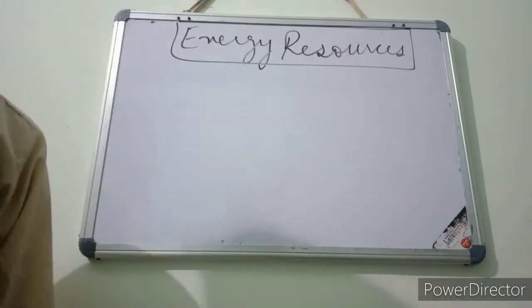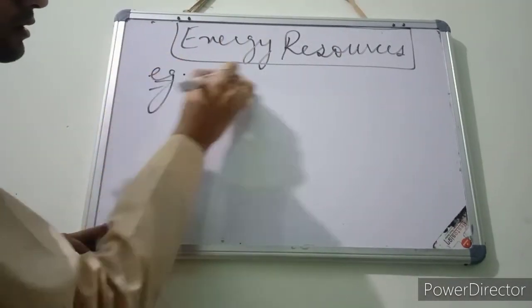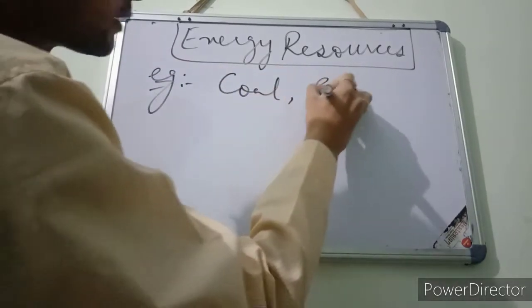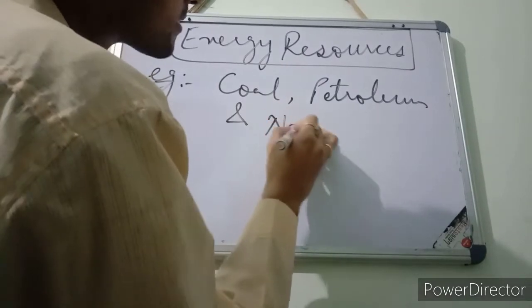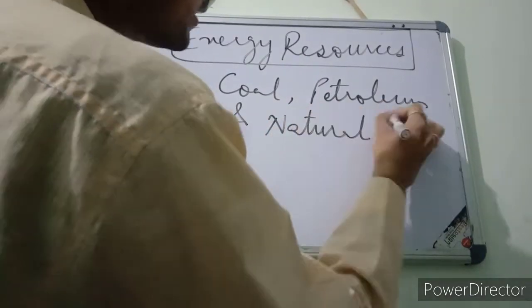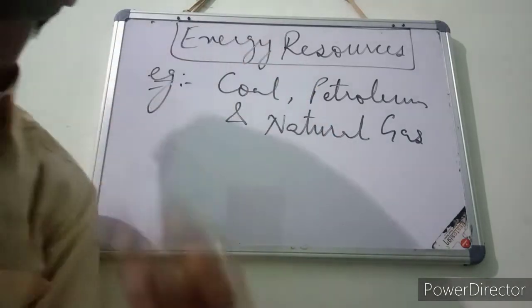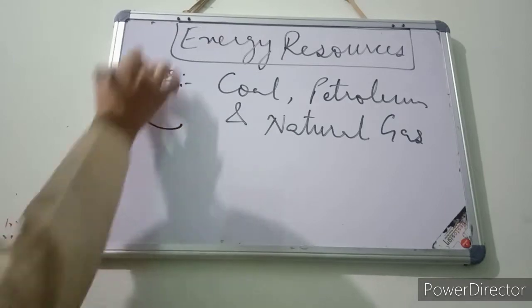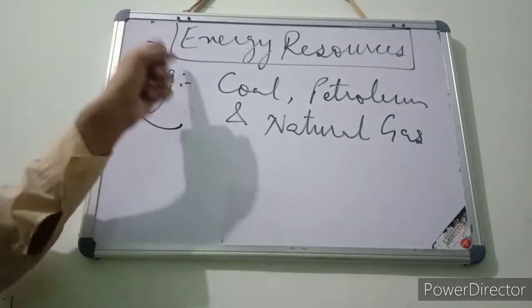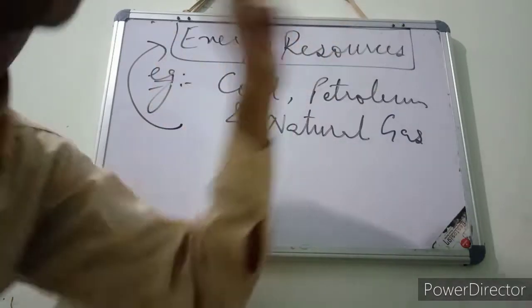Those are known as energy resources. ठीक है? फॉर एग्जाम्पल वो भी मैंने बताया था, कोल, पेट्रोलियम एंड नेचुरल गैस. I think you all have remembered it now. Coal, petroleum and natural gas, these are the three energy resources that give power, that give energy to other minerals, and that's why these are called energy resources.